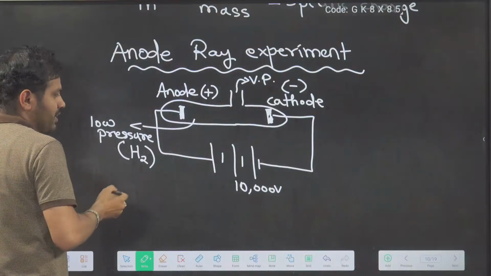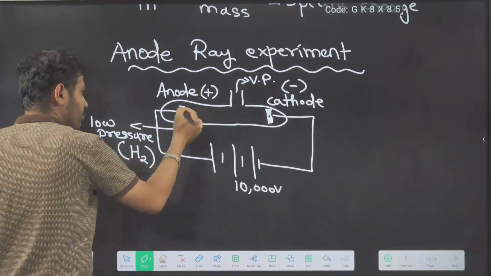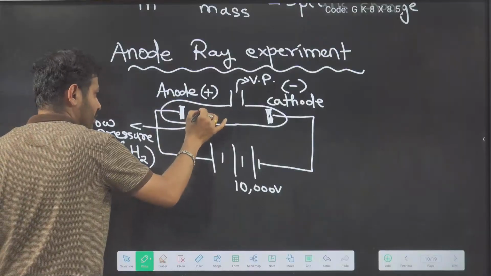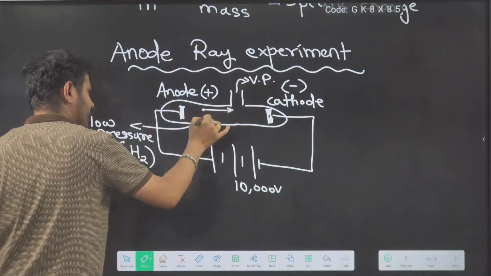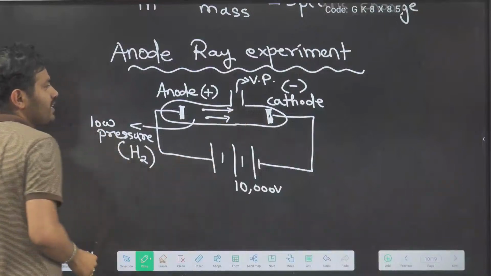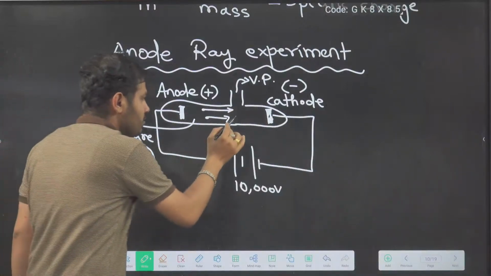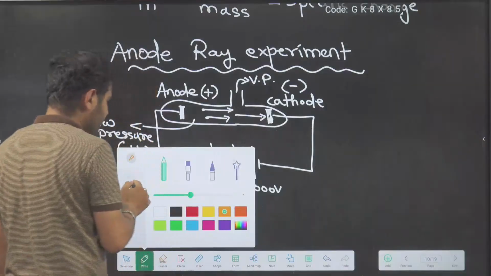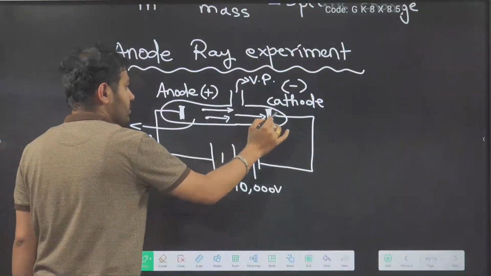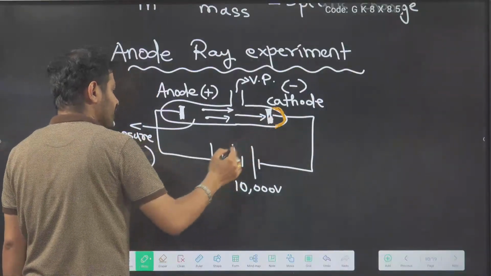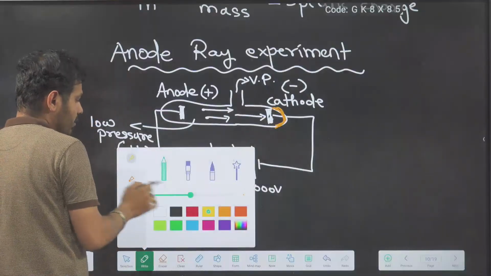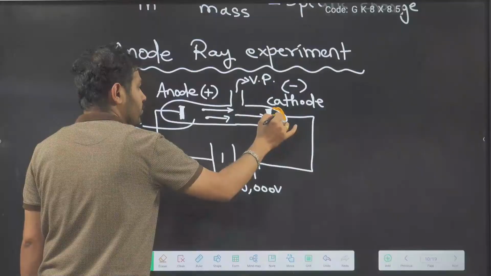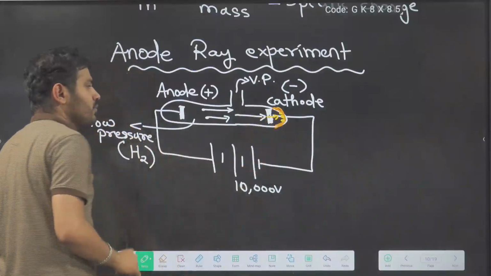Now what we have observed is that somewhere from the middle, the rays have started and they are passing towards the cathode, and they will pass through this hole and hit the zinc sulfide screen, the similar screen which we have taken in the last case. This ray will pass through it and hit over here, right? This is what we are going to observe.